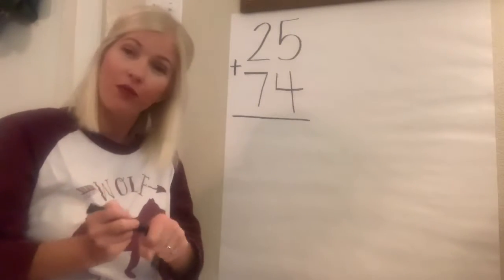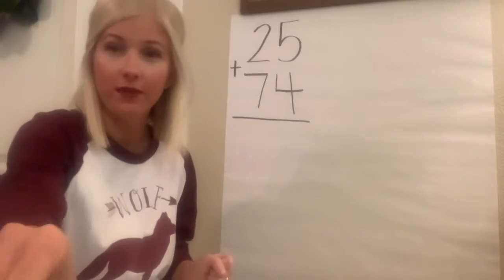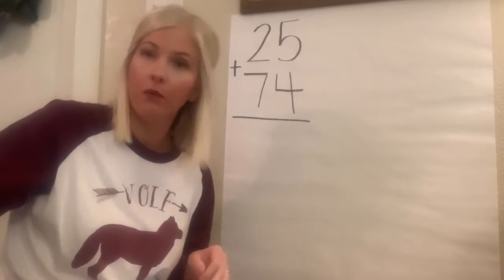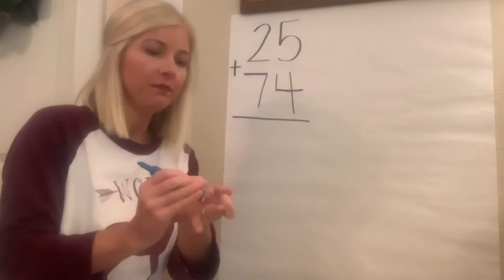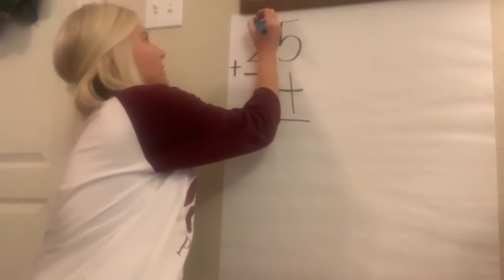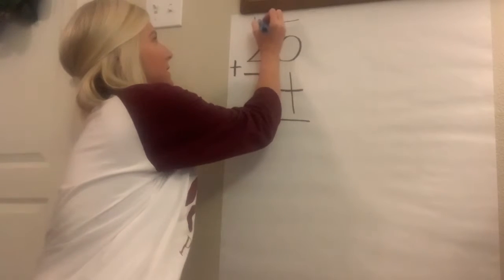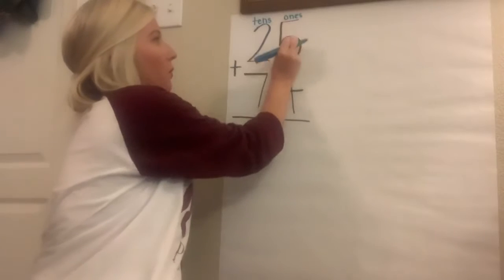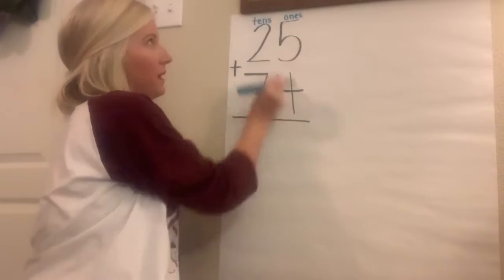The first tool that I'm going to use to solve this is our base 10 blocks, drawing our 10s and our 1s. So I'm going to draw the number 25 with my 10s and my 1s. Remember, this is my 10s place. This is my 1s place. So my 1s are underneath the 1s place.